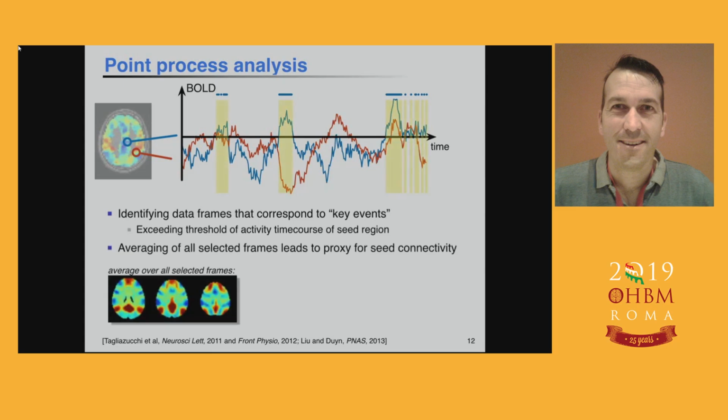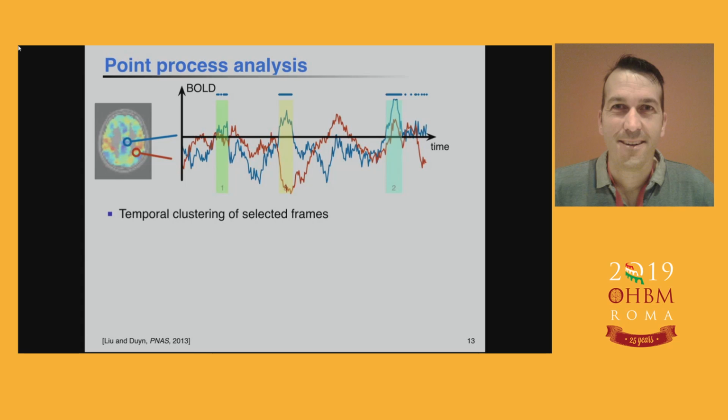If you would average all the fMRI frames for those key events when this blue region is above threshold, you get an average map that is a proxy for seed connectivity of this blue region. But the more interesting case is when you just don't average, but you throw this into temporal clustering. And then you can identify temporal labels that label these key events.